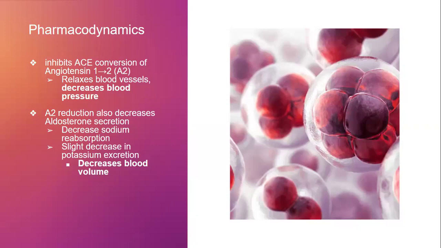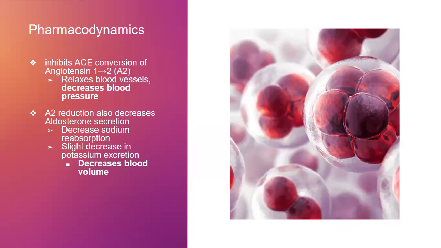Now, pharmacodynamics. It's going to inhibit the conversion of angiotensin 1 to 2. So this is going to cause that relaxation in your blood vessels, thus decreasing your blood pressure. It also has a role in the RAAS because it's going to decrease aldosterone secretion, causing you to lose sodium through your urine.